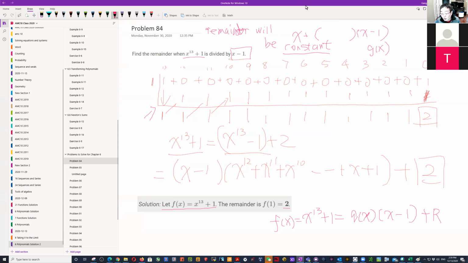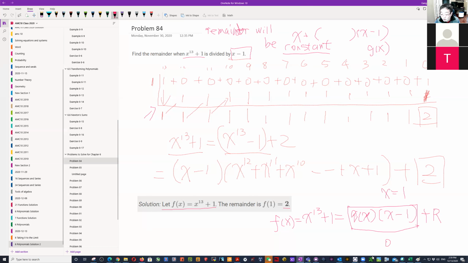Since the remainder is the constant, to evaluate it, you really don't know the definition of q(x), but the easiest way is to just pick x equal to 1, because when x equals 1, the whole term will be 0.